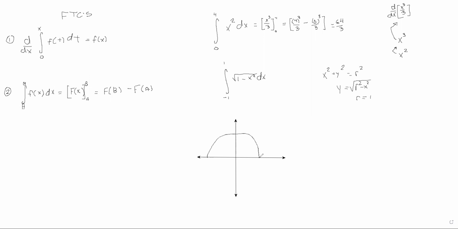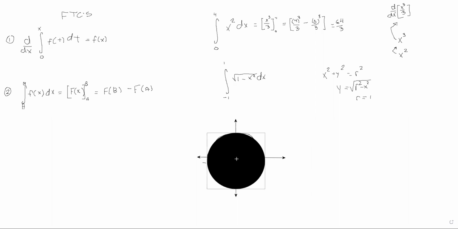And again, I'm horrible at drawing. Just pretend like it's a perfect circle and we're all happy. We're going from -1 to 1. So how the heck do we do this without taking the antiderivative? Well, we know that this is going to tell us the area under the curve from -1 to 1. And I'm actually going to make it a shaded-in circle, if I can do so without embarrassing myself too badly.